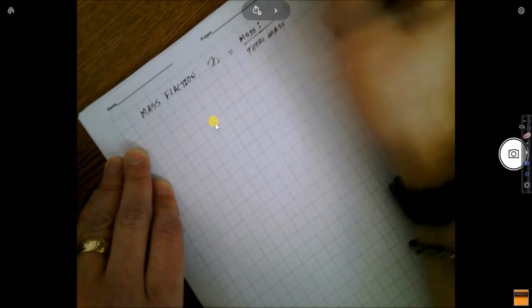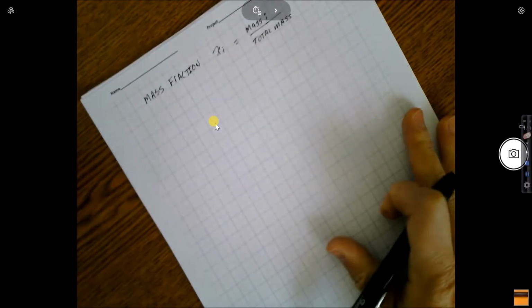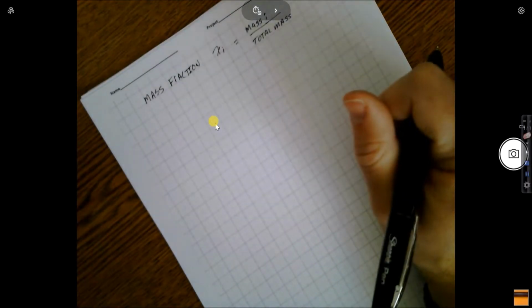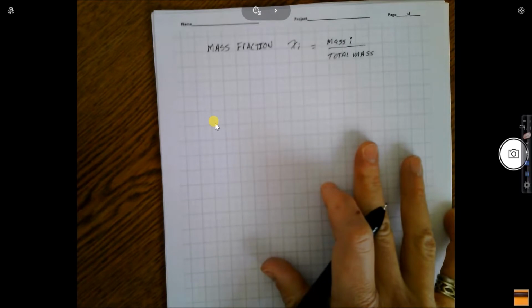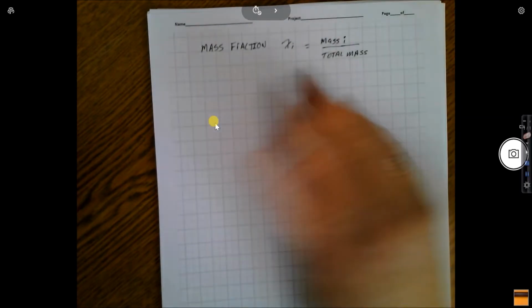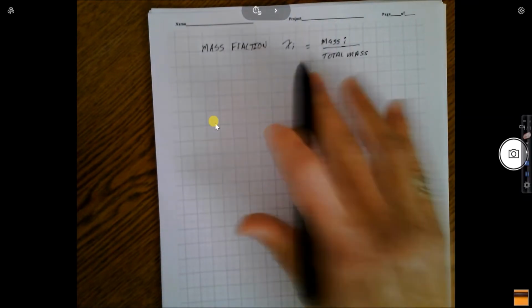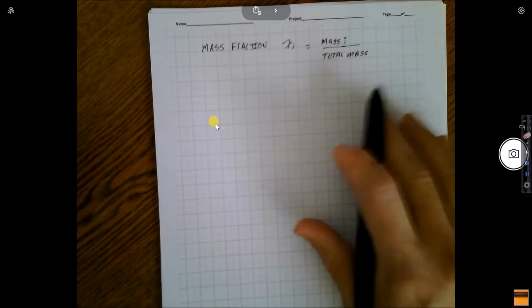We can take a look at our recurring theme of titanium dioxide. So let me tilt the paper a tad so you can see it a little better. Mass fraction x sub i is the mass of a species i over the total mass.